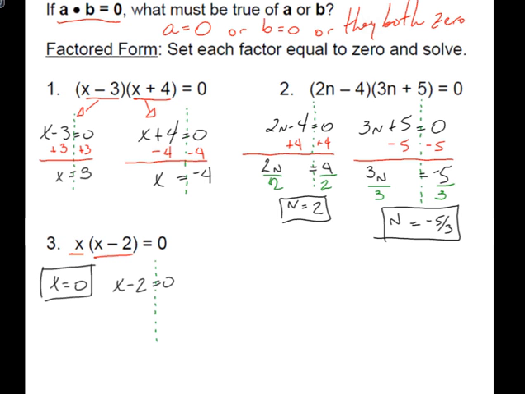I'm going to go through and add 2 to both sides. x is equal to 2. So they're already factored for us. Just set each of the factors equal to 0 and then solve each of the one or two step equations.